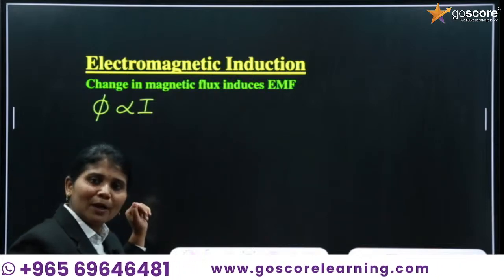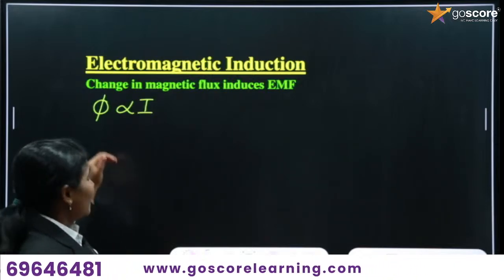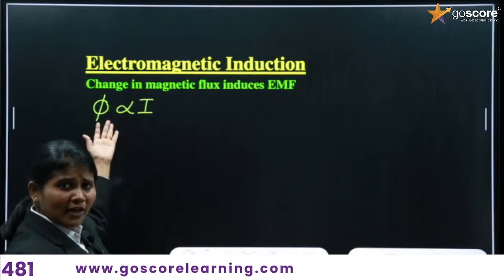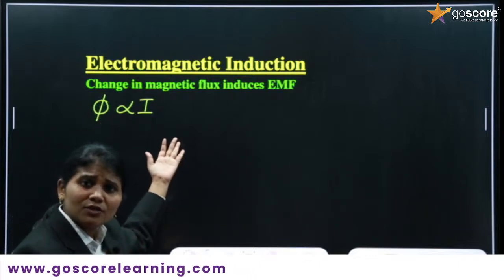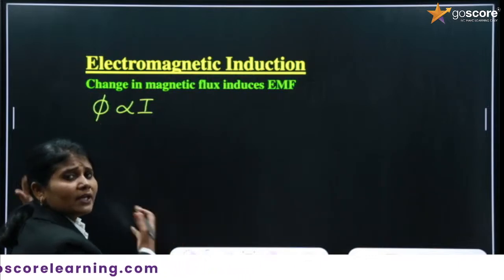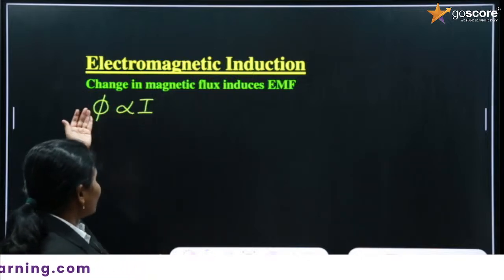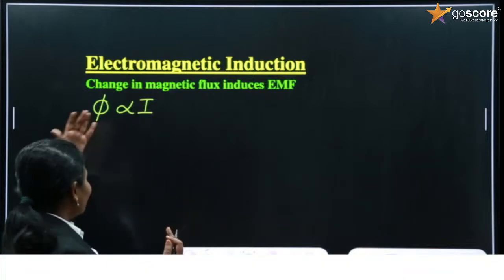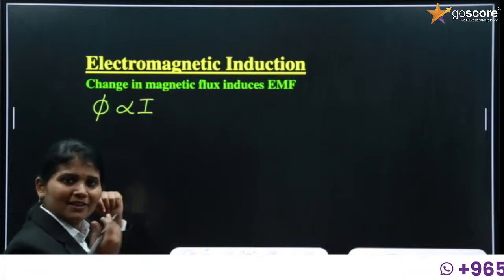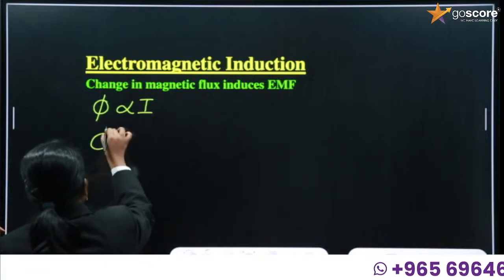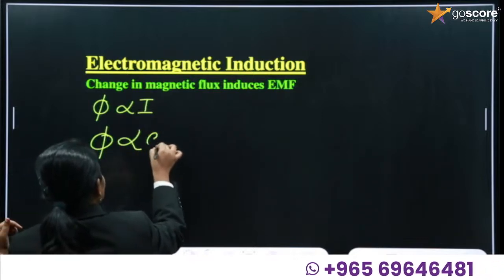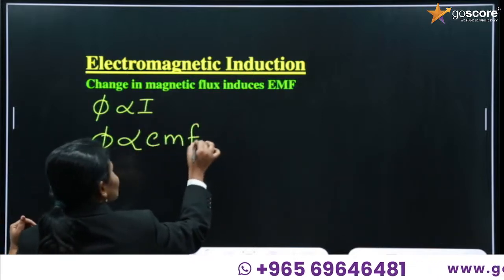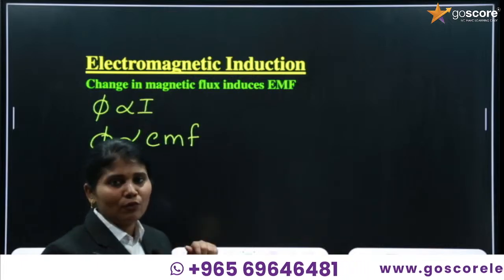Flux is directly proportional to the current. Here current is related to the flux. Current and EMF are related, then EMF is related to the flux. Electromotive force is like a voltage.